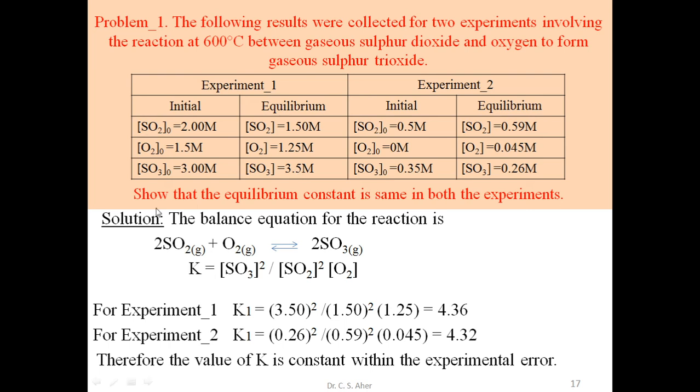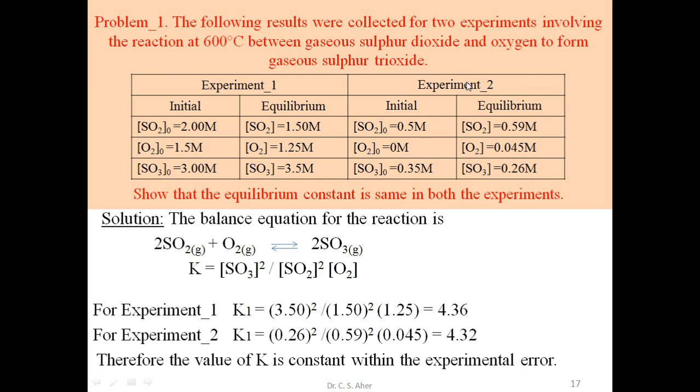So in experiment number 1 the reactant concentration decreases and the product concentration increases, so this is the forward reaction. In experiment number 2, see, SO2 and O2 are the reactants, and their concentrations increase from 0.5 to 0.59, to 0.045 moles, and the concentration of product decreases. So the concentration of product decreases and the concentration of reactant increases. So this is the reverse reaction.